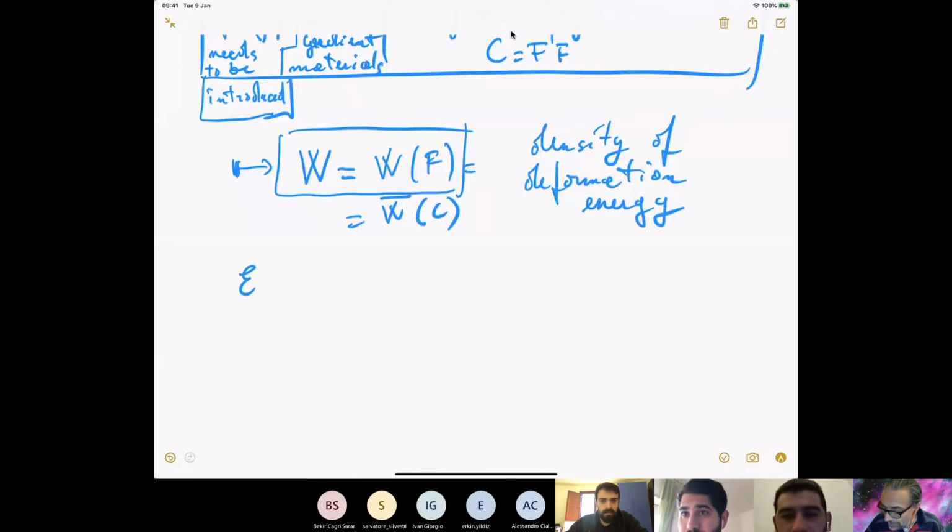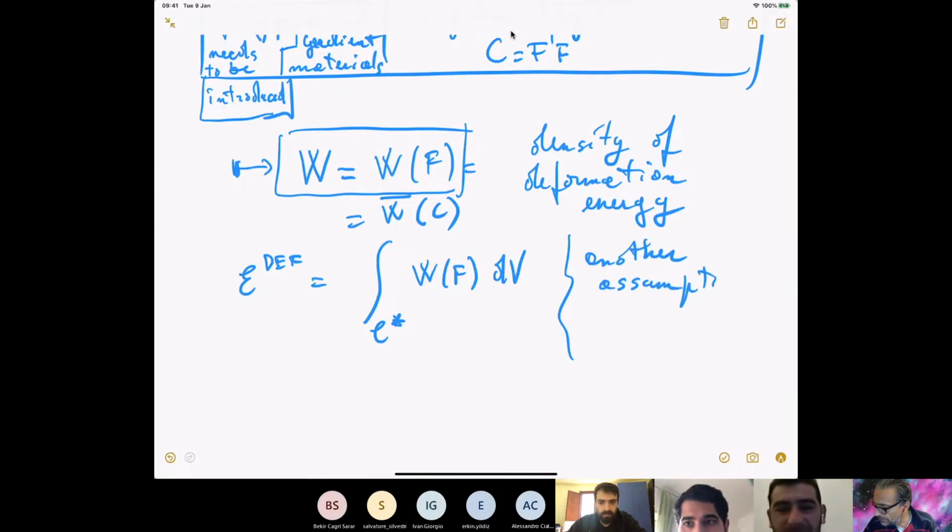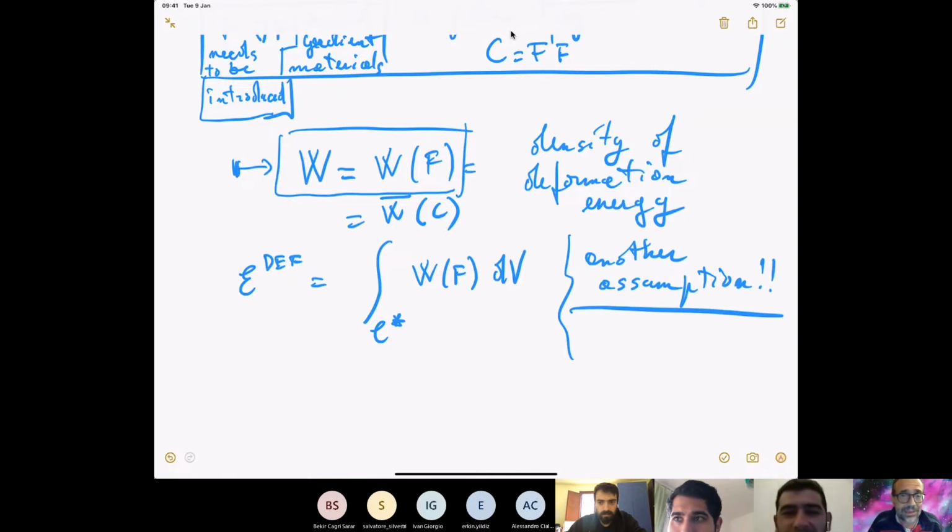Then the deformation energy for your body is given by the integral over C star, the reference configuration, of W of F d volume. This is another assumption, and I underline that this cannot be generally valid.